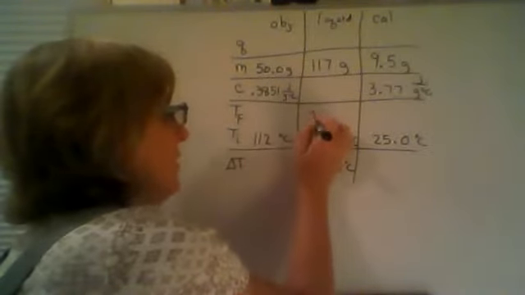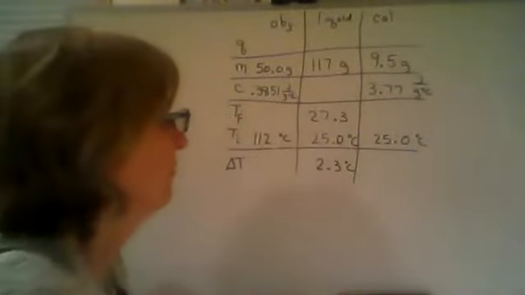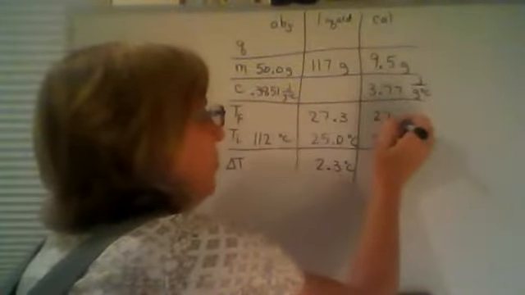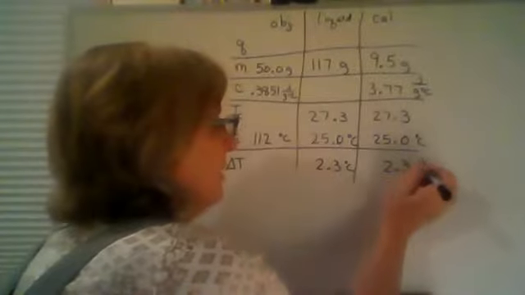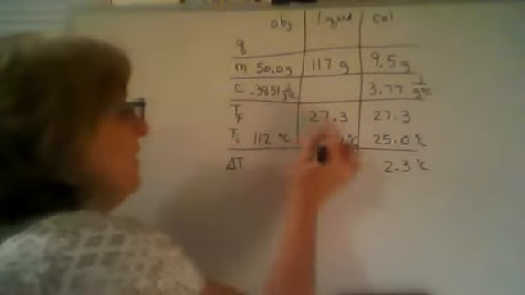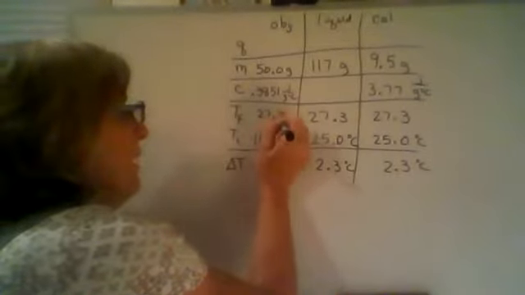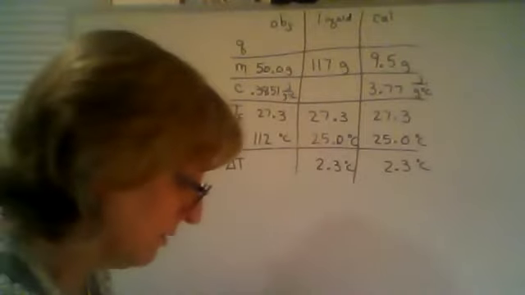So we get 27.3, right? That's where we started, 25, plus 2.3 comes across as 27.3. And then we have to minus 112. So let's do that.